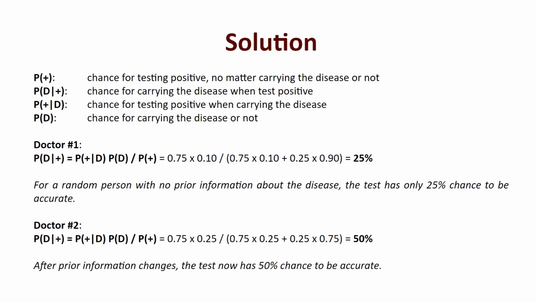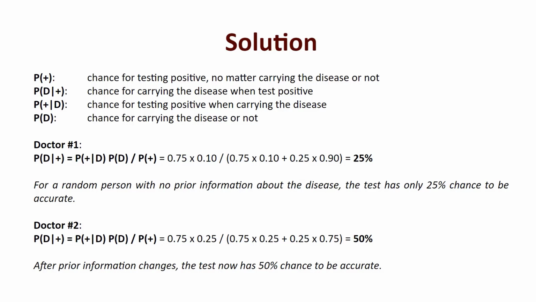Now, we also know that there is a 75% chance of testing positive when you really carry the disease. That's P(+|D), the chance of testing positive when carrying the disease. That's 0.75. Now, based on Bayes' theorem, P(D|+), which is the chance that you carry the disease when you test positive, is simply P(+|D), like the one I showed in the Dr. 1 case, times P(D) divided by P(+).